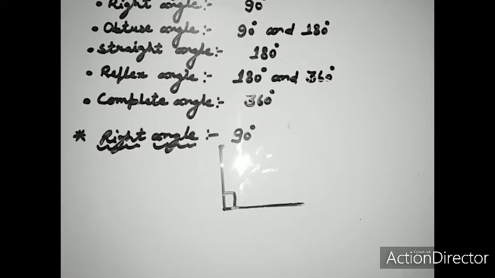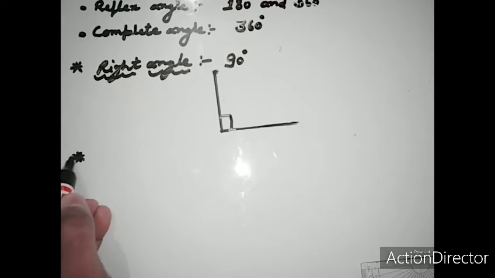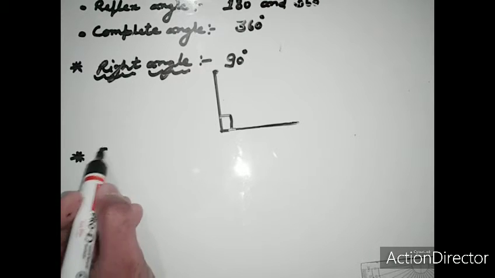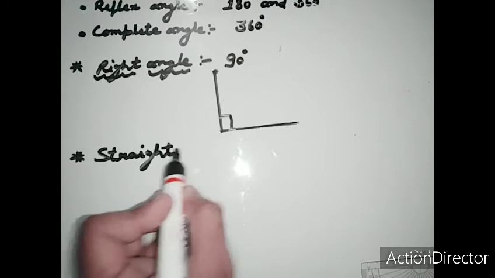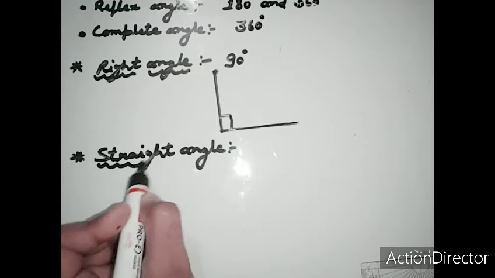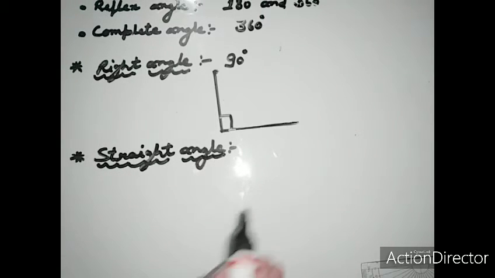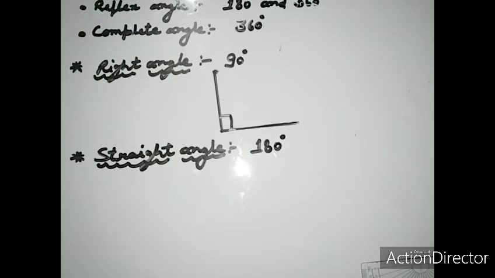Now here we discuss about straight angle. So what is straight angle? Angle which is exactly 180 degree is known as straight angle.